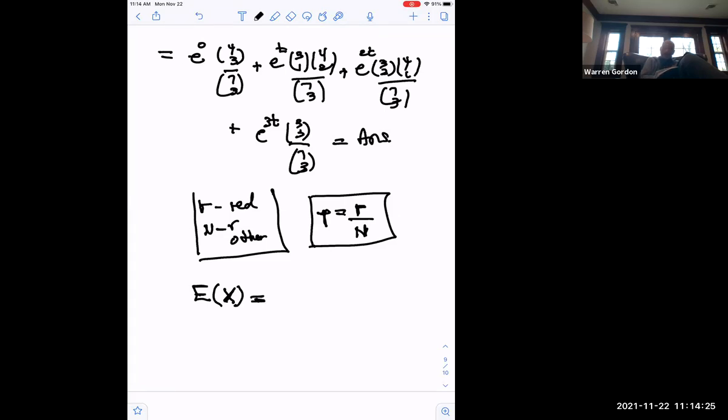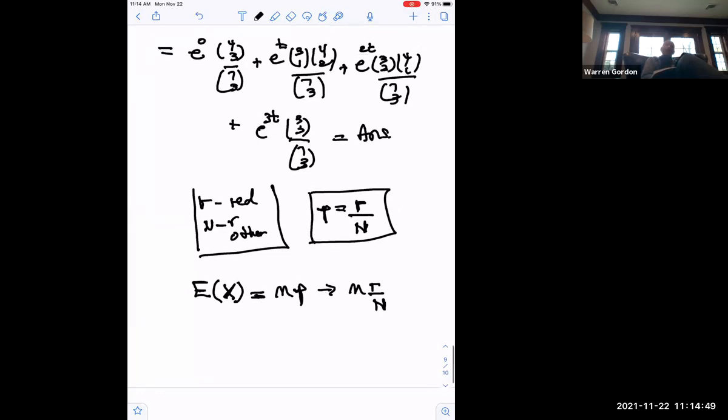It just turns out to be NP, where P is R over N. And the reason this happened is, if you think about it for a second, when N is really, really large, there isn't much of a difference between a binomial distribution when you're drawing with replacement and drawing without replacement.